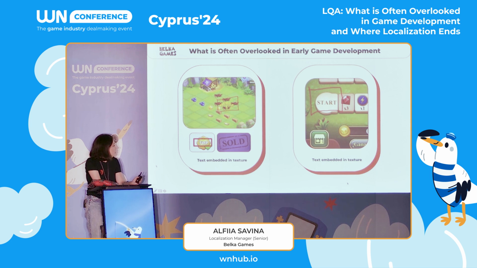And here you see that the text is embedded in textures, which affects gameplay since such lines stick out to players. These issues are difficult to fix, requiring code adjustments. That's why it's better not to do this and establish this as a rule early in game development.